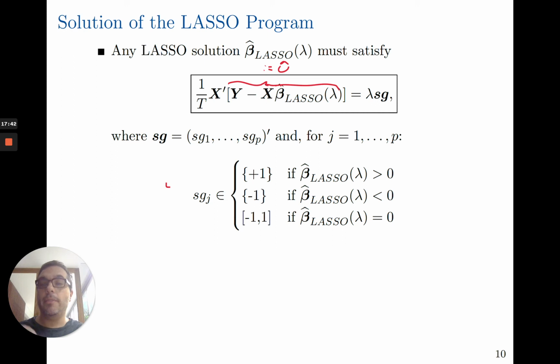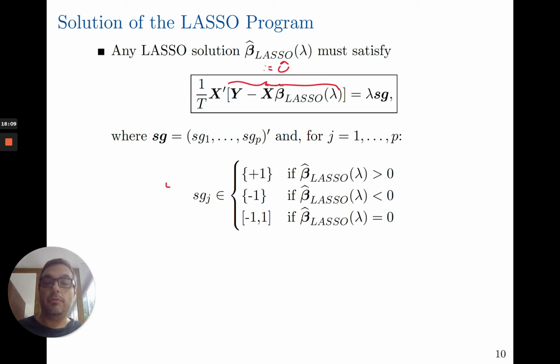SG is a vector with p entries, and each element of SG will belong to one of three sets. It will be equal to 1 whenever the lasso estimator is strictly positive.